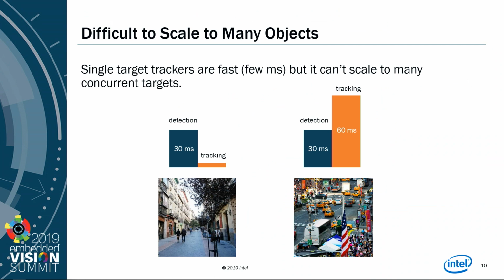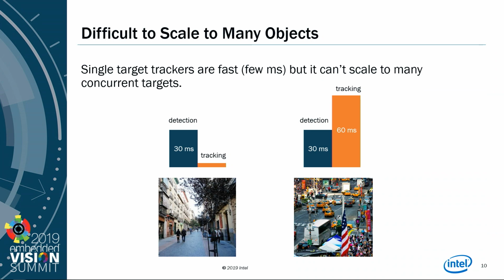So the short and long-term tracking is a little bit of a classic way, but it's still powerful. But there is one critical problem from the system design perspective. If your target application is something like the left side, then maybe everything is okay, because the single target trackers are fast enough, typically less than 1 millisecond per single target.